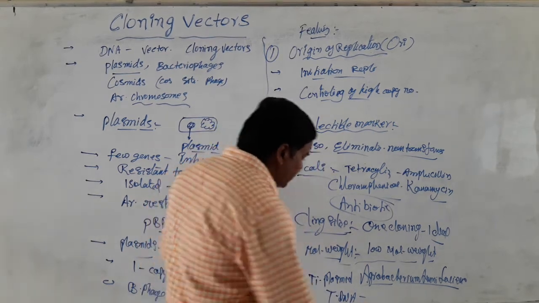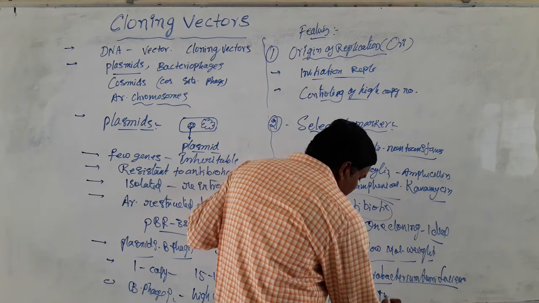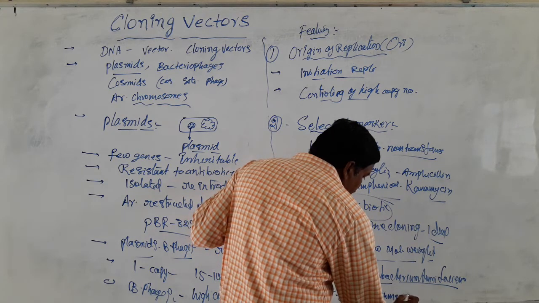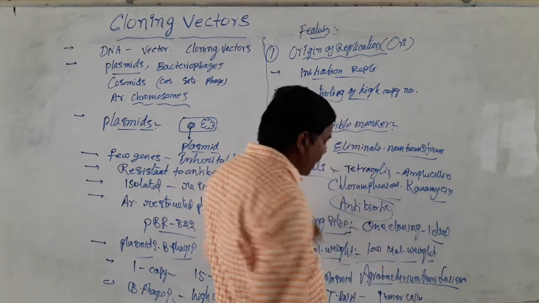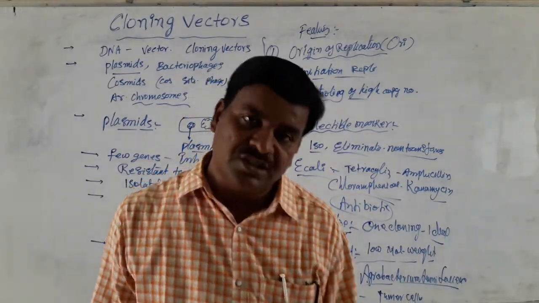This tumor DNA converts the healthy plant cells into tumor cells. These tumor cells are forced to produce the proteins required by this pathogen.